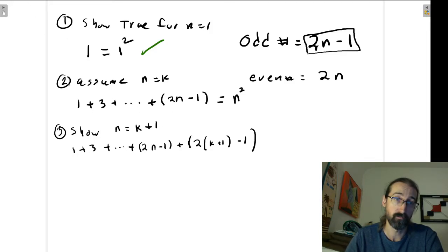We should go back to k. Going back to k here. Maybe do k here too. So this is going to be 2k minus 1. And this is going to be 2k minus 1.